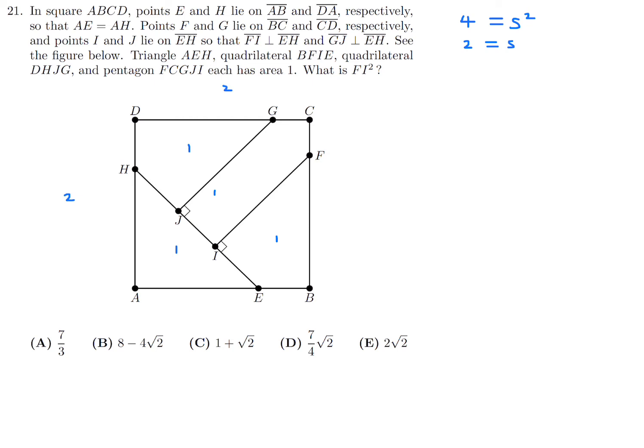Now, they have told me that AE is equal to AH, so I can just call it A. And therefore by Pythagoras, A squared plus A squared will be equal to HE squared.